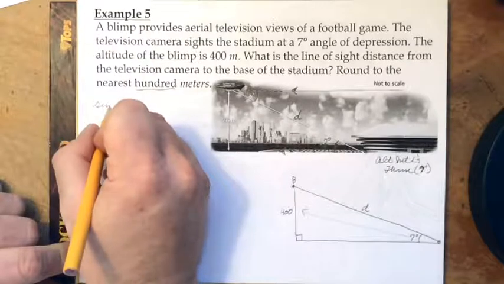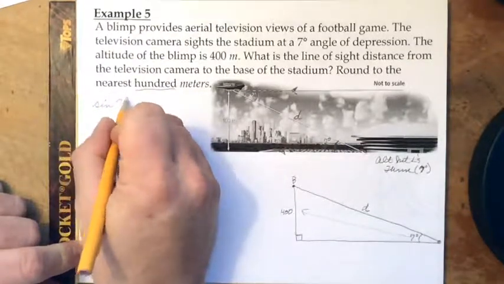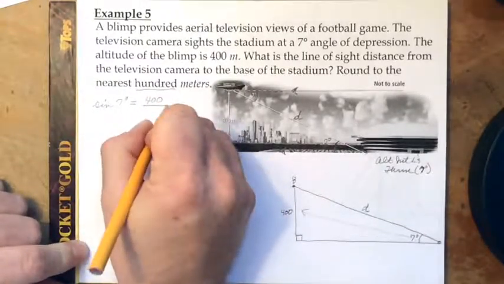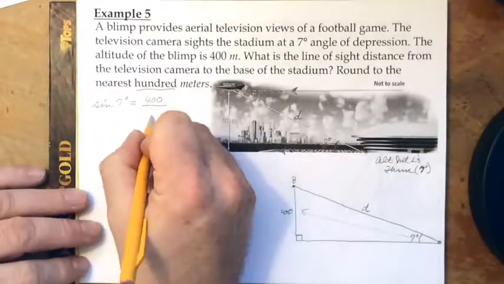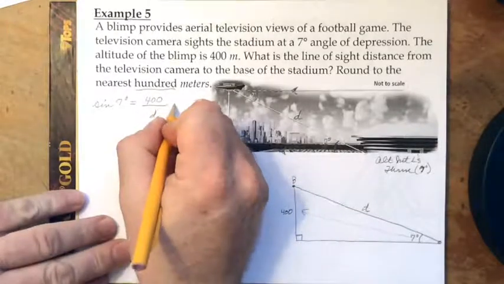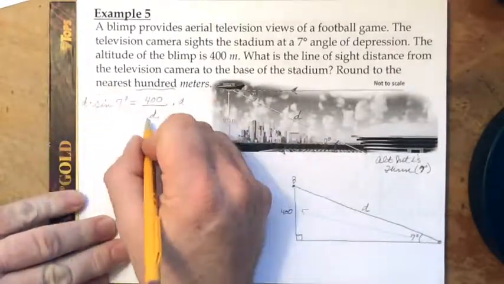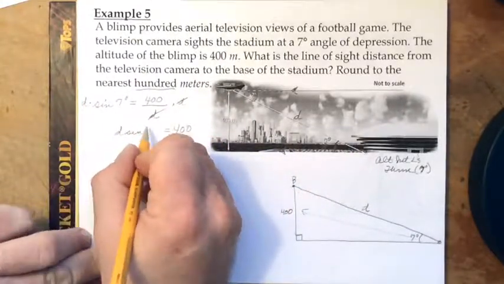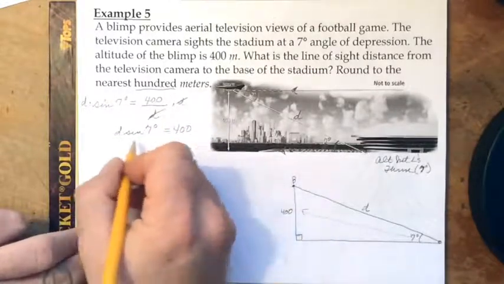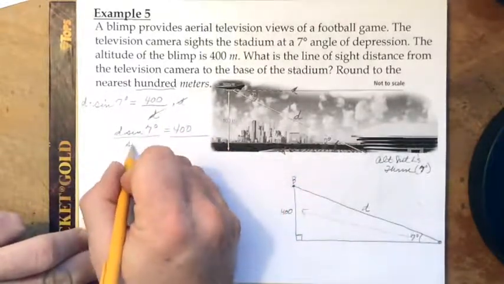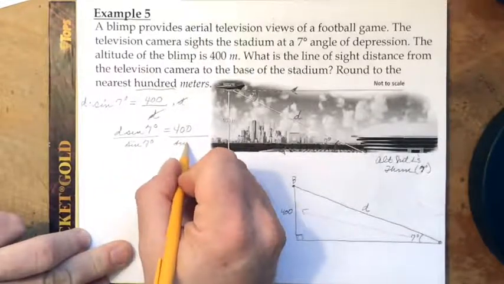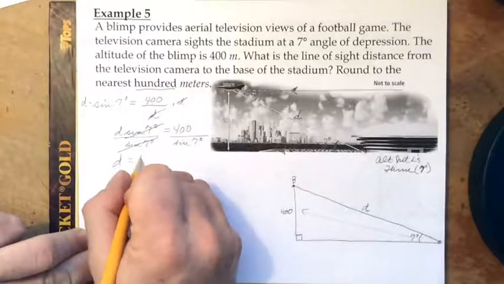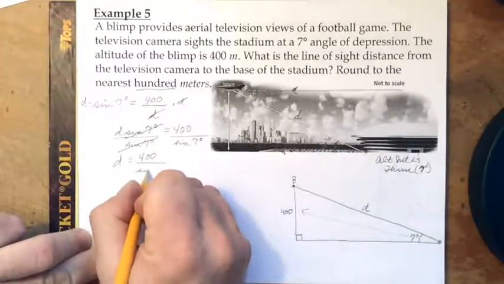So sine of 7 degrees is equal to opposite 400 over hypotenuse D. Solve for D. Multiply both sides by D. Those D's divide out, and we get 400 on the right side, and D times the sine of 7 degrees on the left side. Now we need to divide both sides by the sine of 7 degrees. The sine of 7 degrees divide out here, and D is equal to 400 over the sine of 7 degrees.